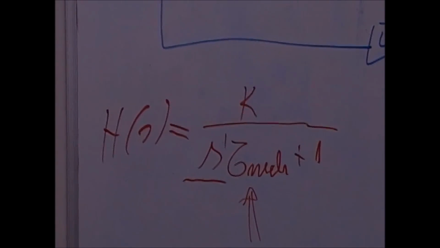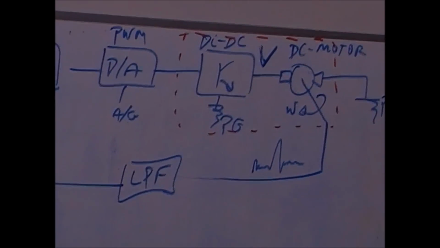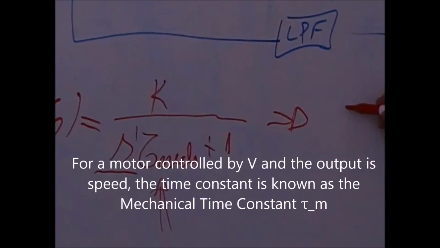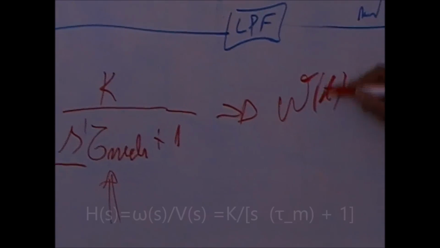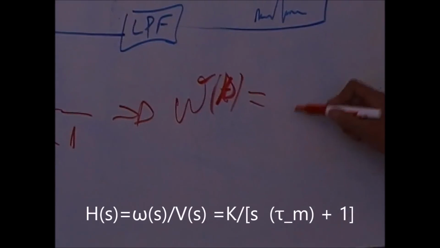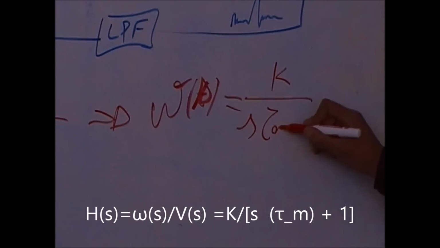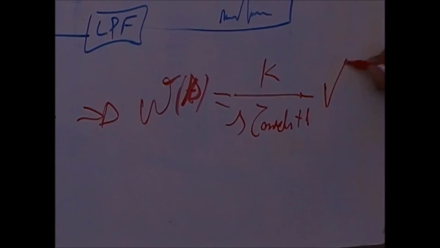Note that there is a definition. A motor does not have a mechanical time constant. That is only if I'm driving the motor with voltage and the output is speed. In other words, if the output is omega(s) equals K over tau mac s plus 1, and the input is voltage.